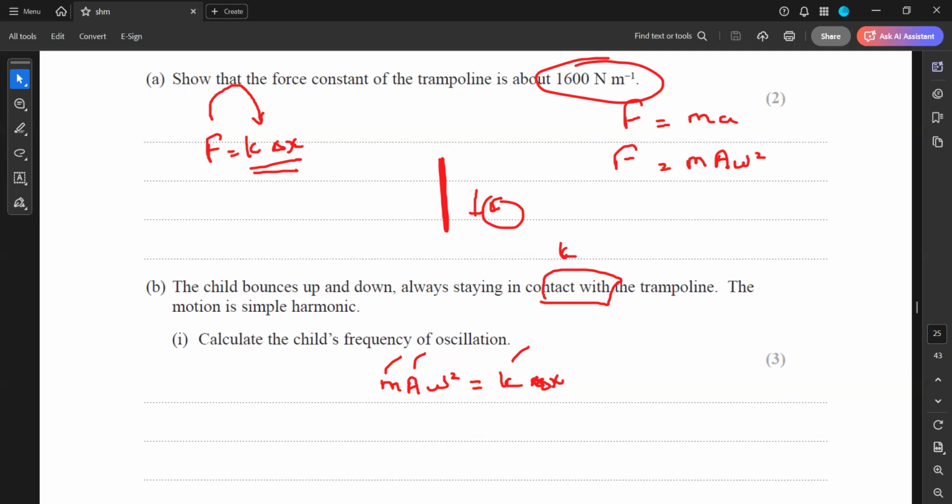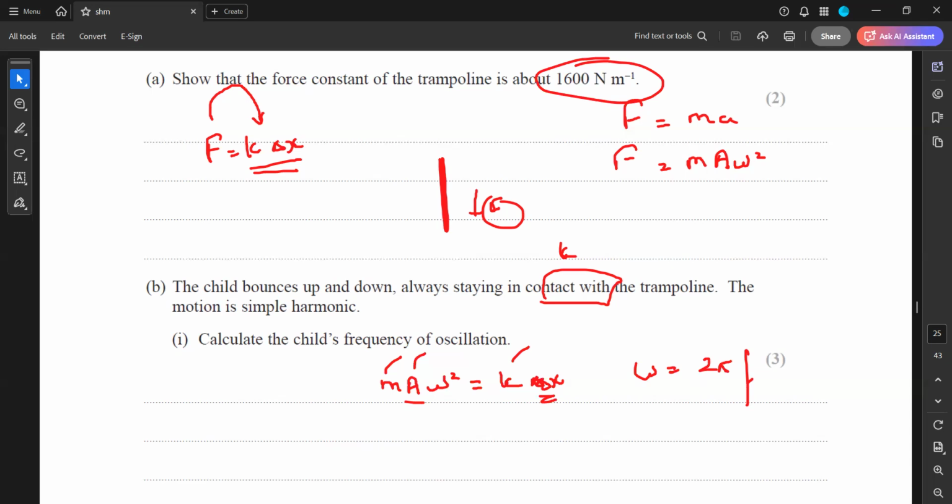Using this, we just have to take a square root and we'll get the value for omega. After getting omega, you can use omega equals 2 pi f. A and delta x will be the same in this example. Why?